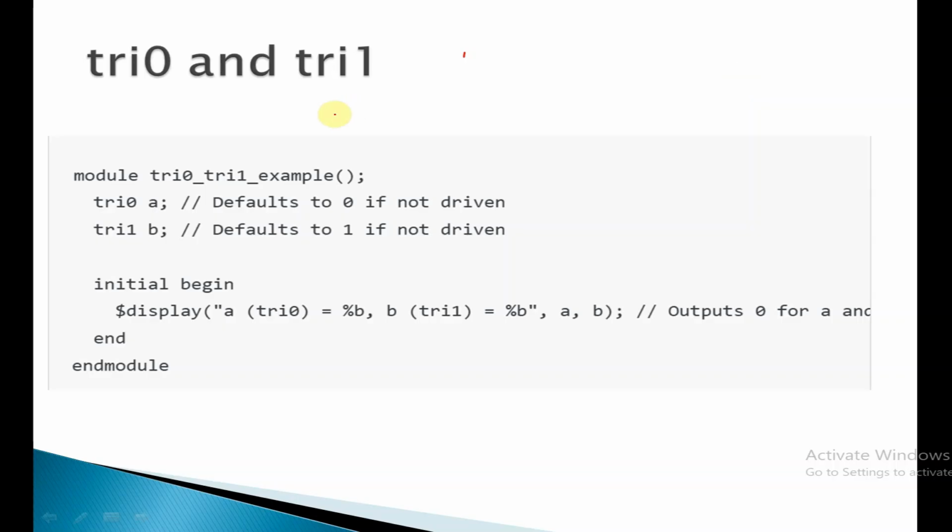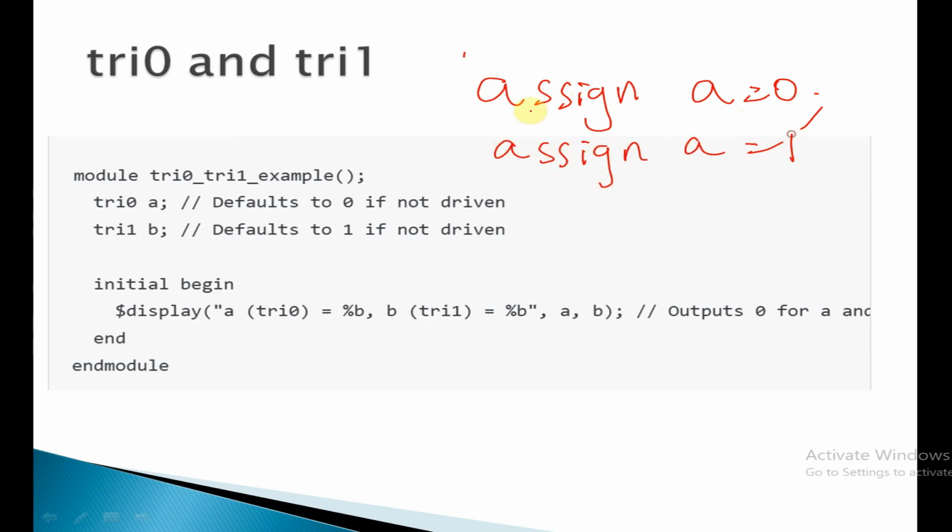It should not be X, right? Because it's constantly updated. So I think it should be 0. Assign A is equal to 0, then I did assign A equal to 1. Here there is no time delay. So about this assign keyword we will discuss.